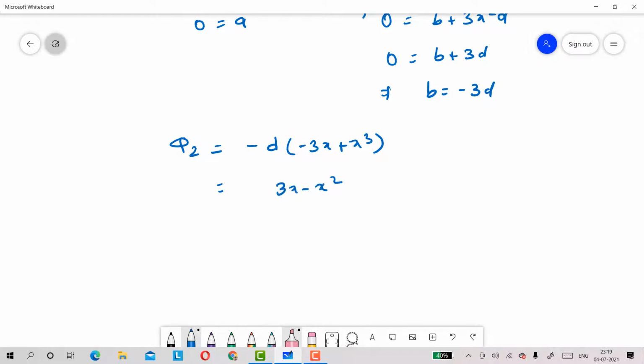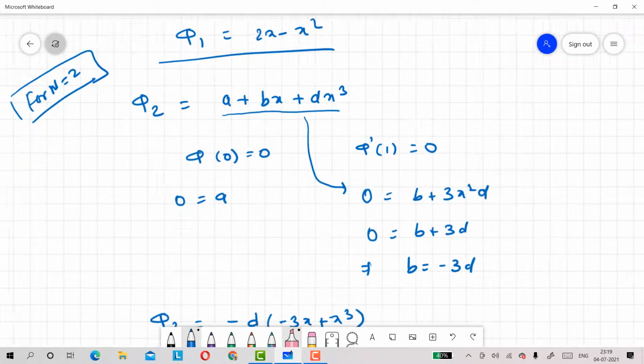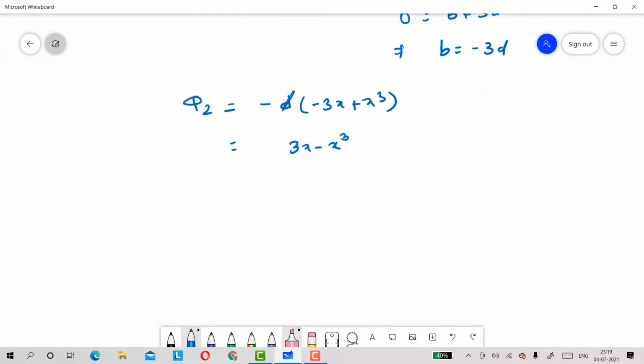In the simple way we removed this c, in a similar way we remove this d. It will be 3x minus x cube. So we get this when we put the boundary condition here after removing this d.